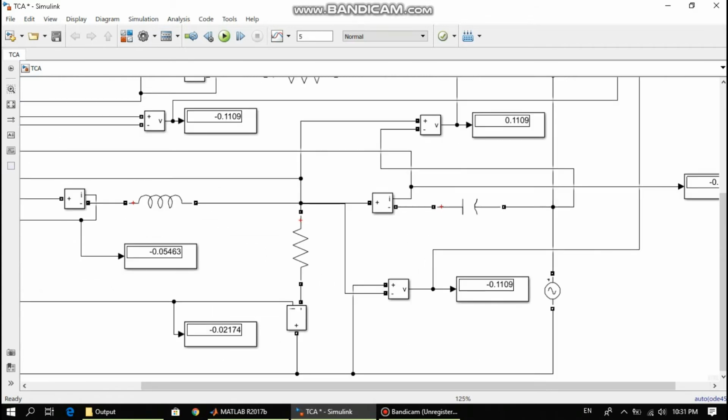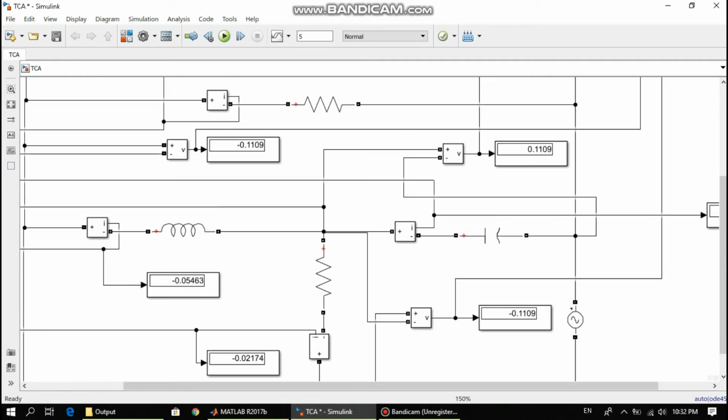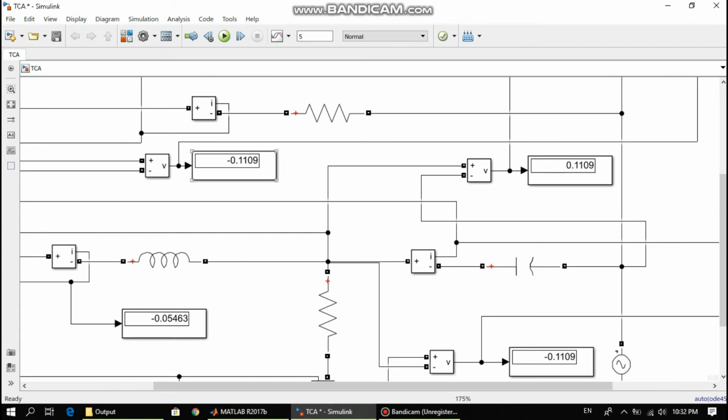The voltage for the 5 ohm resistor is negative 0.111 volt, and the current is negative 0.02174 ampere. And for the inductor, the voltmeter reads negative 0.11 volt, and the current is negative 0.05463 ampere.